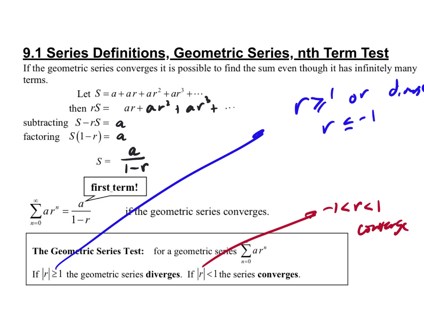We were multiplying by 1/10. Because every time it went 3/10, 3/100, 3/1000. So that one was going to converge. And the way that we would figure that out is you would just plug it into the formula. You take the first term, and we're going to go through some examples where we actually do that. I don't want to do that for the first one. Okay. All right. Keep moving here.